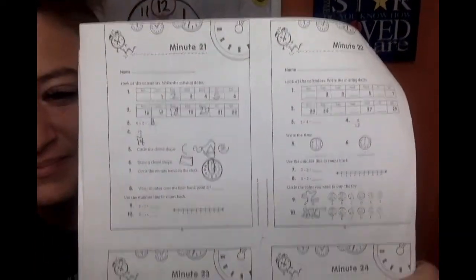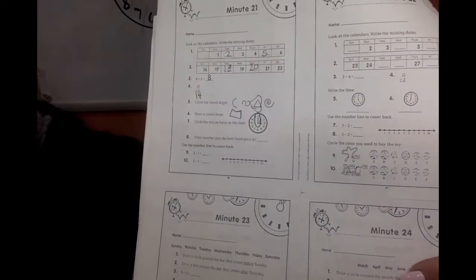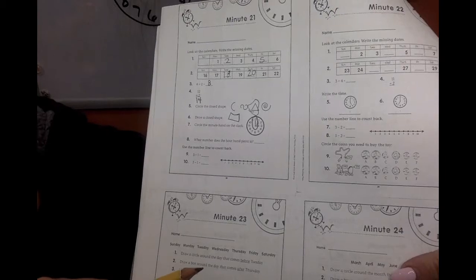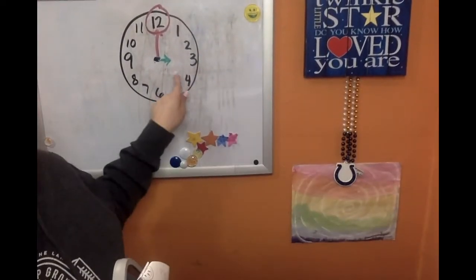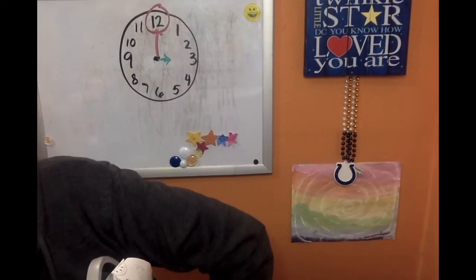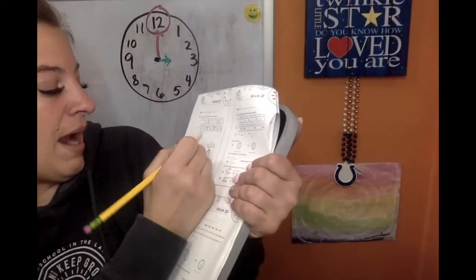Okay. Here we go. Let's look at number 8. What number does the hour hand point to? Can you see? What number does the hour hand point to? 3. So write a 3.